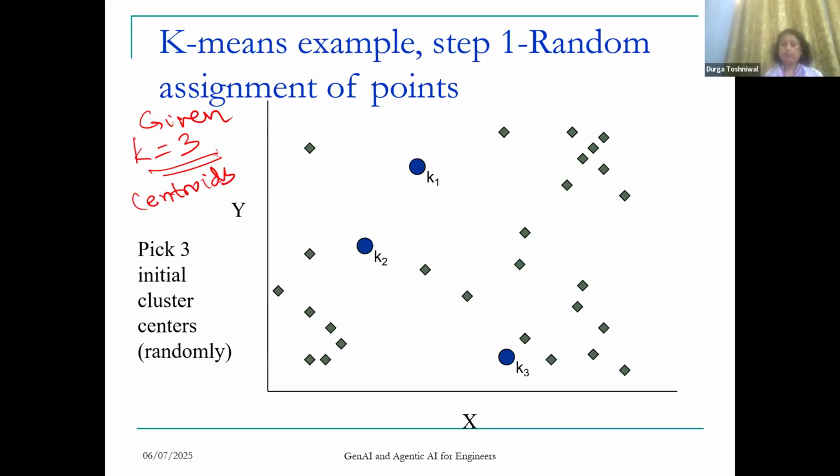So we have now assumed 3 cluster centers, K1, K2, and K3, in this data space.